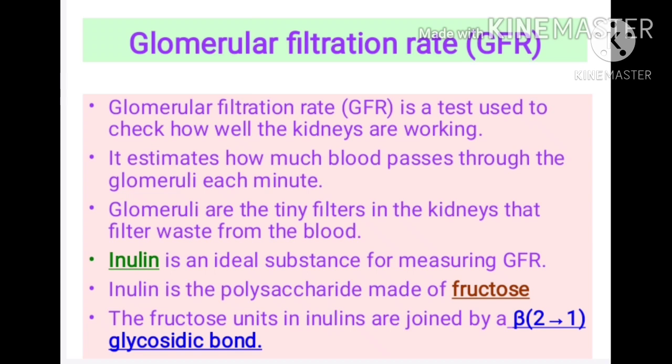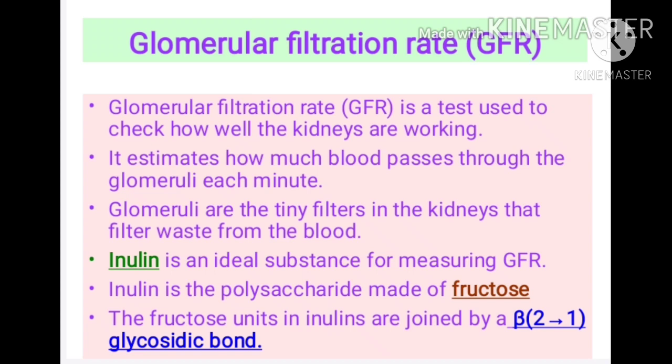You know that glycosidic bonds are the characteristic bonds found in carbohydrates. This inulin can also be seen in the root tuber of dahlia. As far as your examination is concerned, the bonds found in carbohydrates are of much importance, so you have to study all the bonds found in carbohydrates.